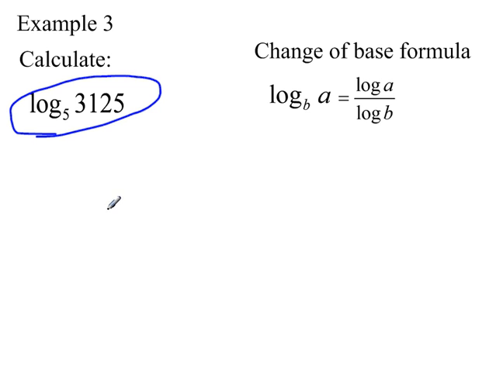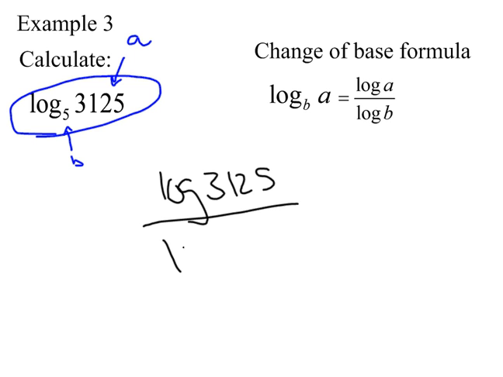So using this formula, this part here would be our A, and then this would be our B. So it would be log base 10 of 3125 over log base 10 of 5. Now I don't have to write that 10, remember, because it's already assumed that it's 10 if there's nothing written there.